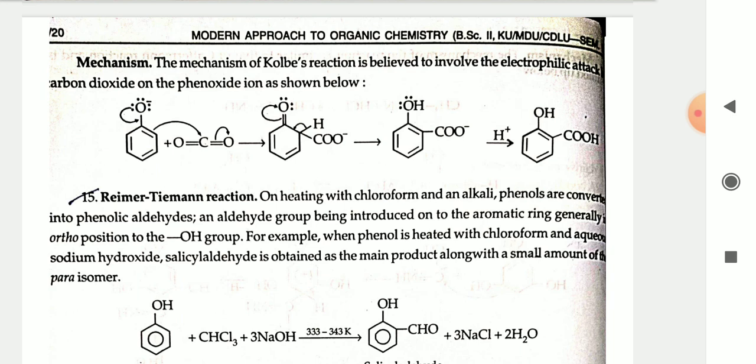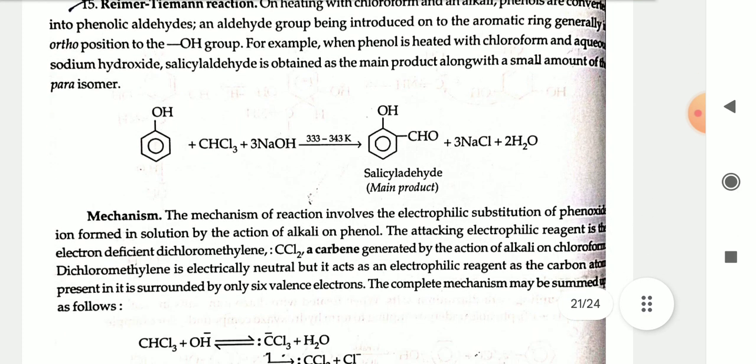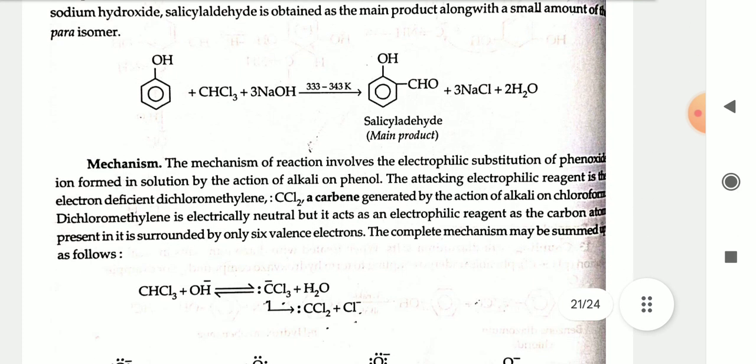For example, when phenol is heated with chloroform and aqueous sodium hydroxide, salicylic aldehyde is obtained as the main product, along with a small amount of para product. Phenol plus CHCl3 plus 3 mol of NaOH at 333 to 343 Kelvin forms salicylic aldehyde as the main product plus 3 mol of NaCl plus 2 mol of H2O.